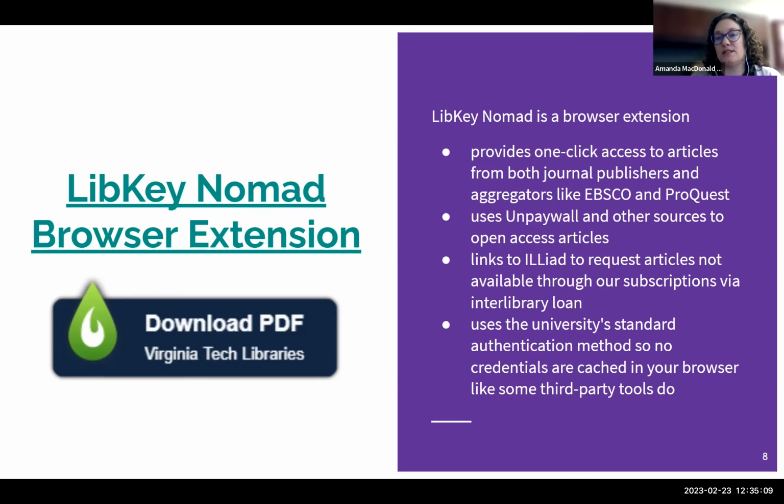That's what it looks like when you're in things like PubMed or Wikipedia. Essentially, it uses paywall and other sources to open access articles. So if you have this set up, you don't have to go through logging in and those kinds of things.